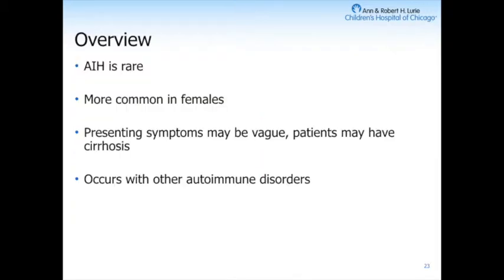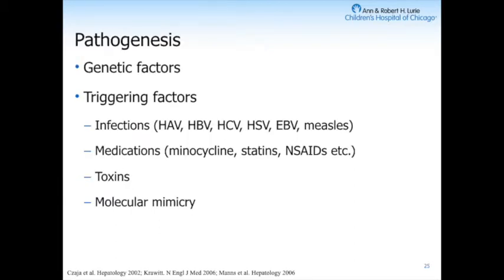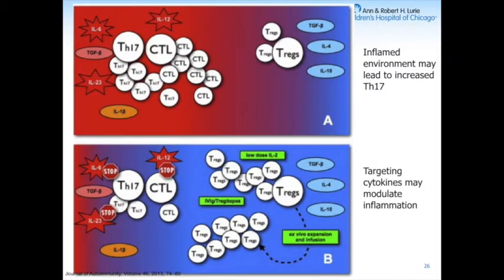So autoimmune hepatitis, it's rare, it's more common in females, and the presenting symptoms may be vague. It occurs with other autoimmune disorders. You've heard a lot about genetic factors, triggering factors for pathogenesis. I'm just going to show that in autoimmune hepatitis and autoimmune disease in general, we think there's too much of this red stuff, so more inflammation-driven, regular Tregs, cytokines, and what you want to do is cool everything off.